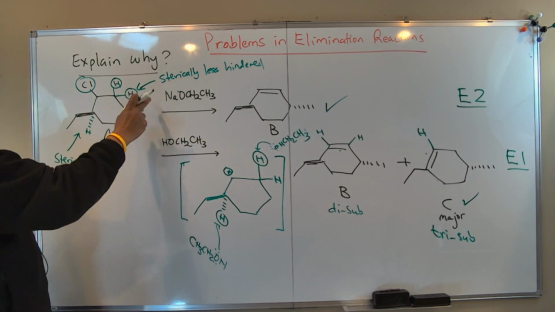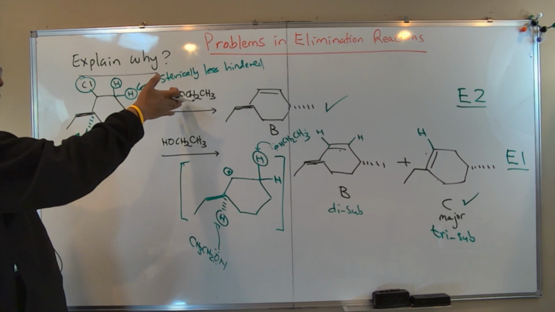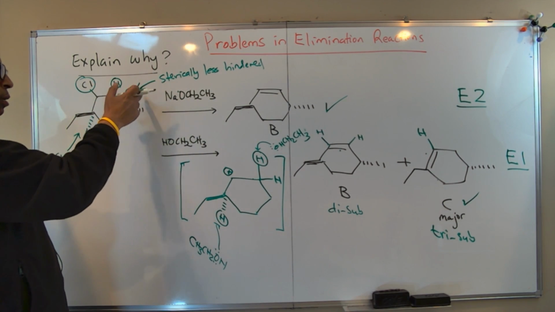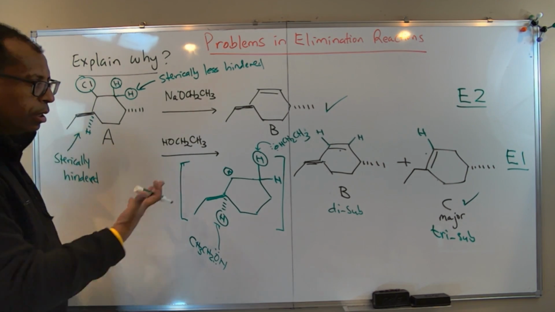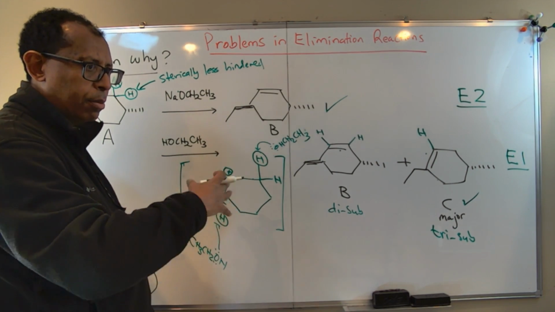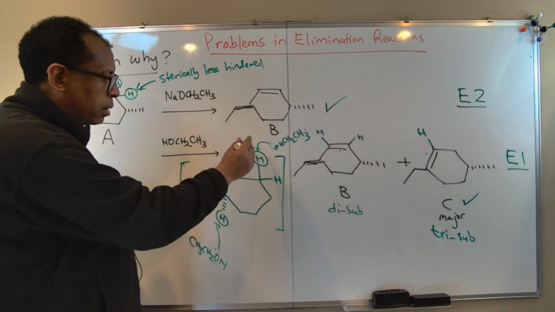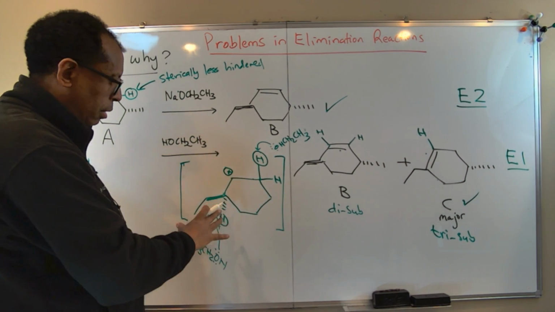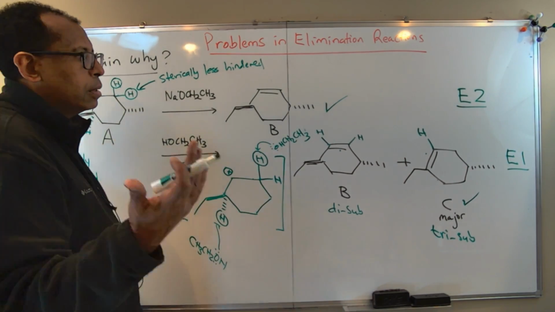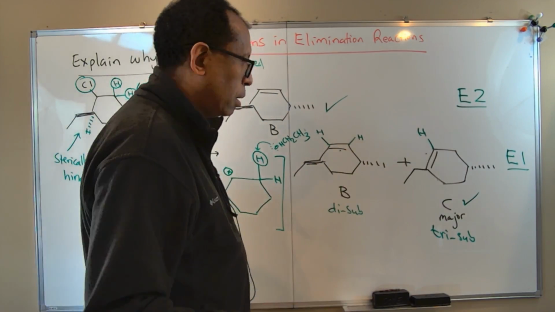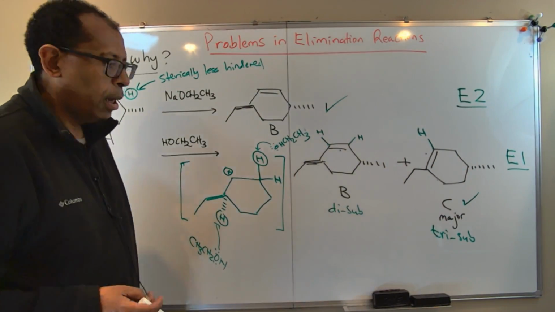That's why the base tries to abstract from here, not from there. So the approach for the base during E2 reaction is to one of these hydrogens, not to this hydrogen. But here, the base abstraction comes after the halide has left, so this area is not sterically hindered. Therefore, the base has a chance to come to this proton, to that proton as well. Therefore, it gives you two products. The C is a major because it is a tri-substituted alkene.